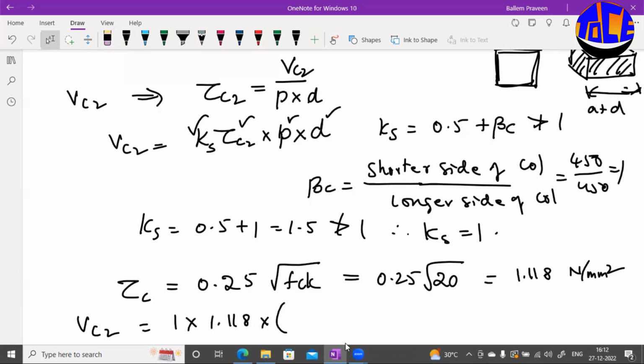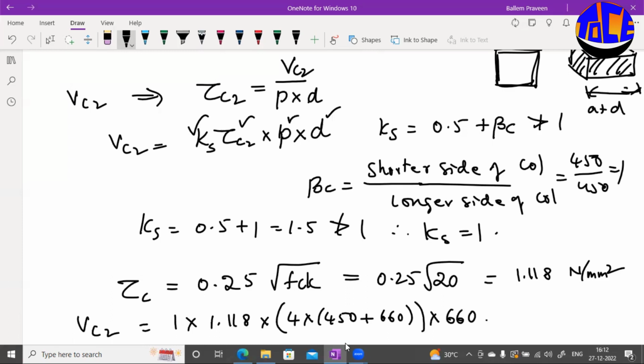What is the perimeter? 4 times A plus D, right? A is 450 and D is 660, and there are 4 sides. So 4 times 450 plus 660. This is your perimeter, into your depth, that is 660 as well.